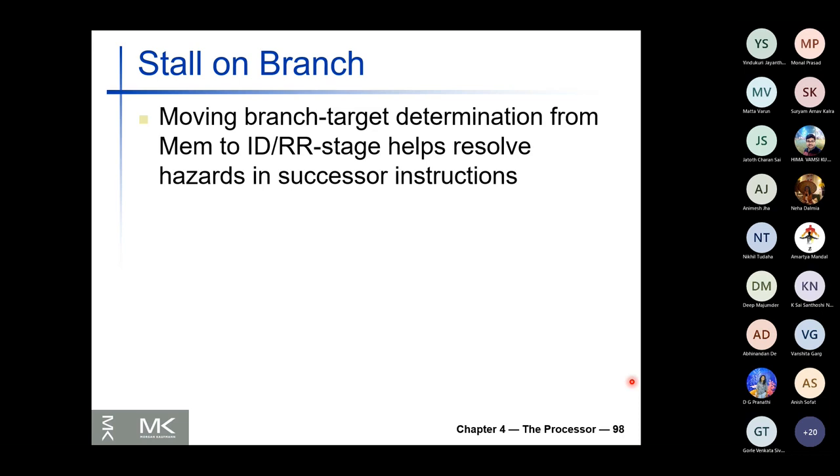But could it create any other problem if I move the branch comparison earlier? You are going to compare the content of 2 registers, isn't it? So as far as the successor instructions are concerned, that is fine. You save 2 clock cycles. But is it possible that it would create some additional problem elsewhere?